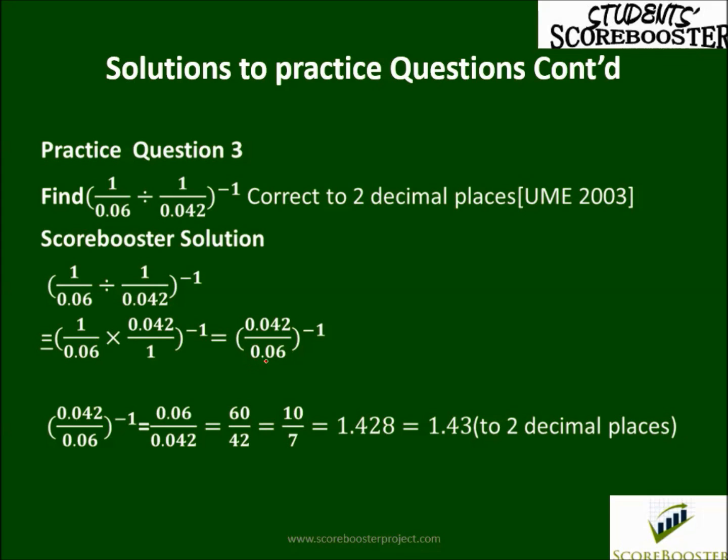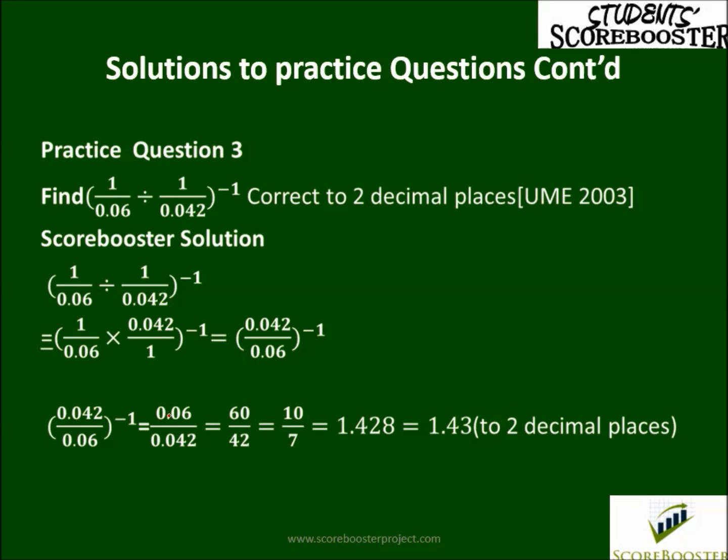So 0.042 divided by 0.06 all raised to power minus 1. Now this is still an inverse, so we simply replace the numerator by the denominator and the denominator with the numerator. So 0.06 divided by 0.042. Can you see the denominator here has become the numerator here, and the numerator has been made into a denominator.